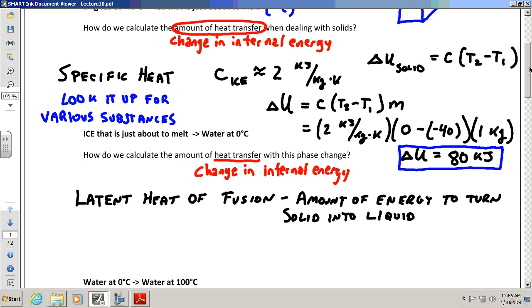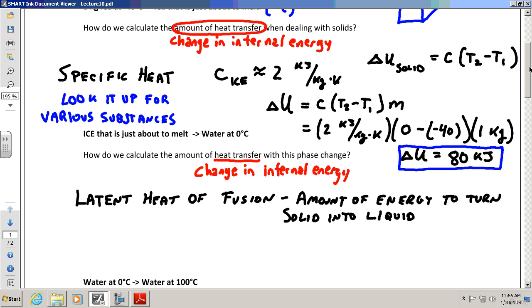It obviously varies with what you're talking about. What solid are we talking about? If this is ice, you could probably imagine it doesn't take a lot of energy to turn ice into water. If this is steel, it probably takes a whole lot of energy to turn steel into liquid steel. So it's a lot different depending on the substance, right?